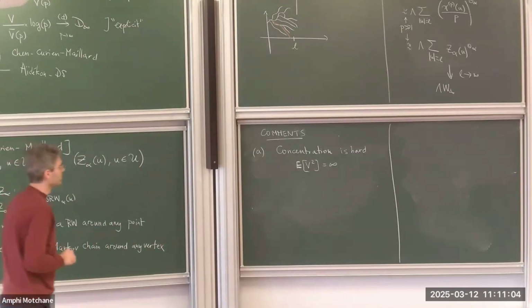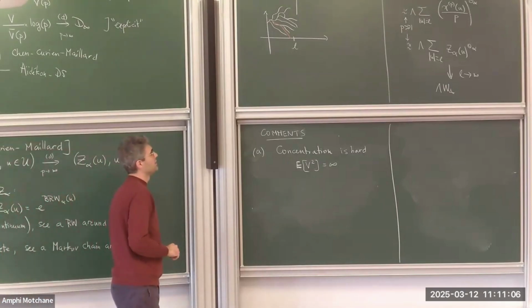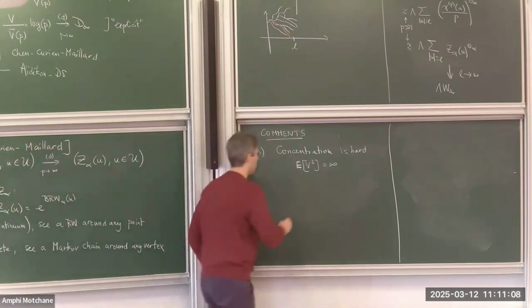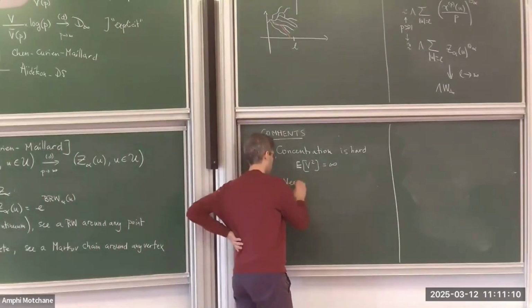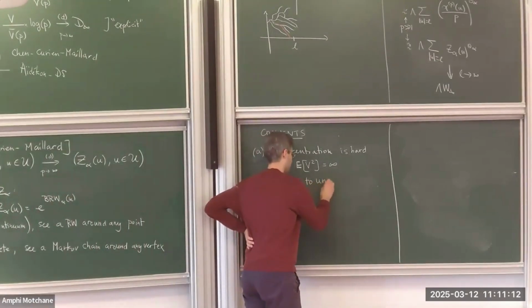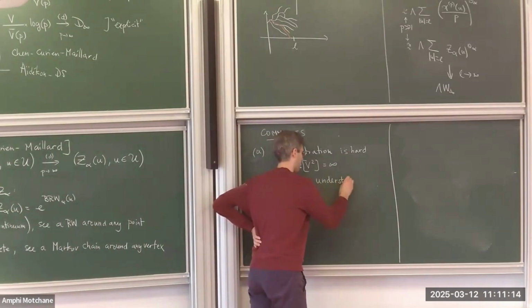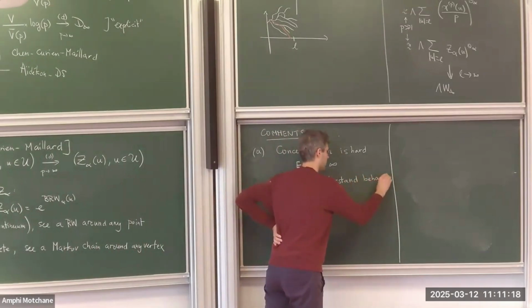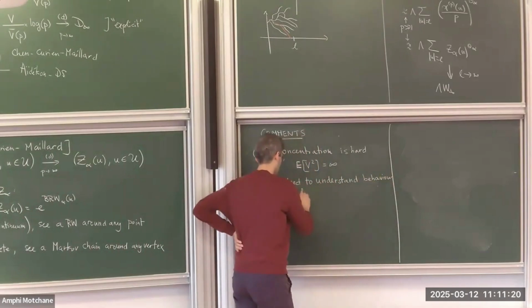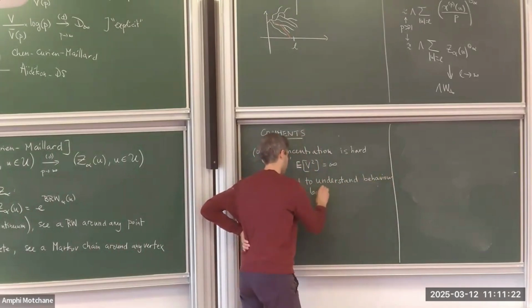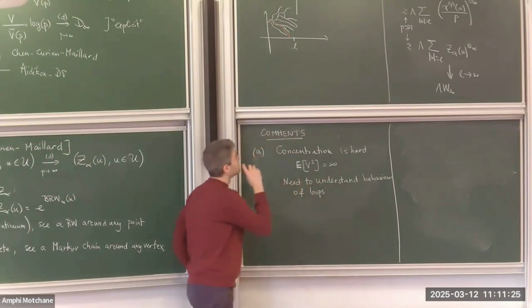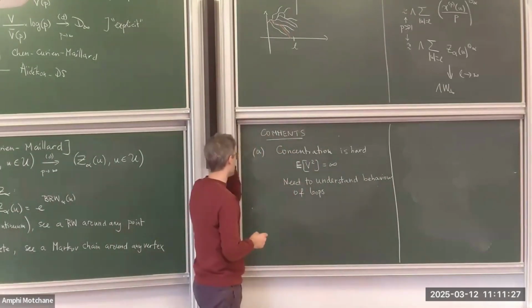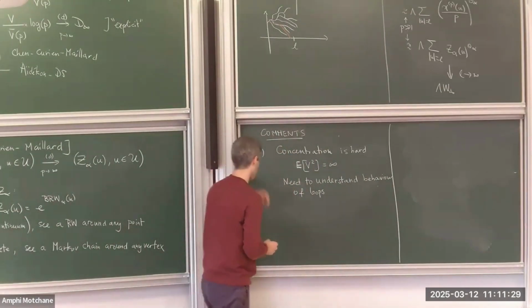So in order to prove concentration or some kind of concentration, we need to understand the behavior of loops, just to use this approximation.